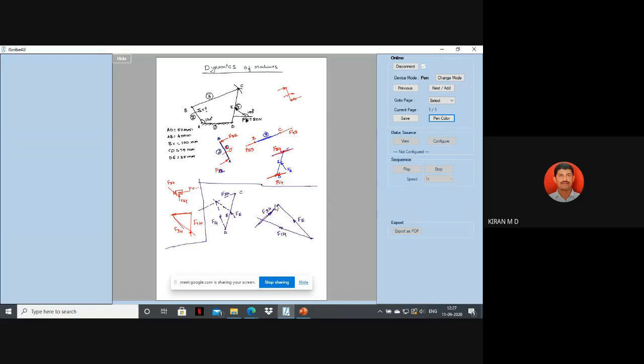So now measure the length of this F34 and F14. You will get the value of F34. According to my problem, I got 47.8 Newton.